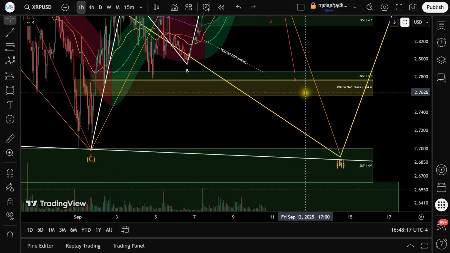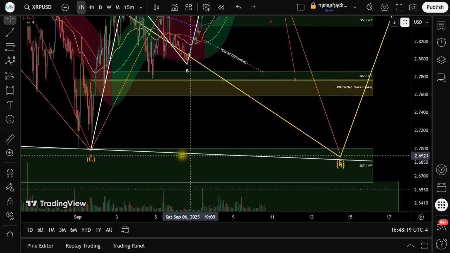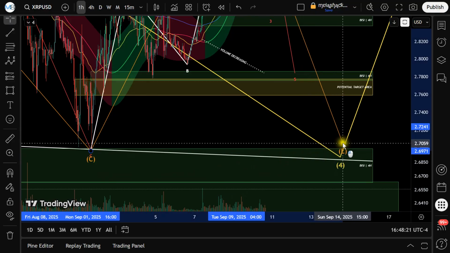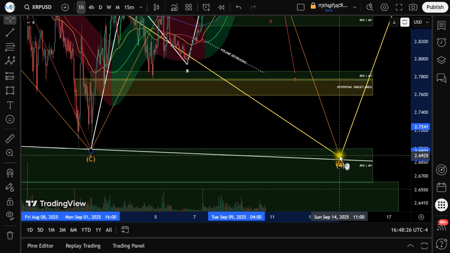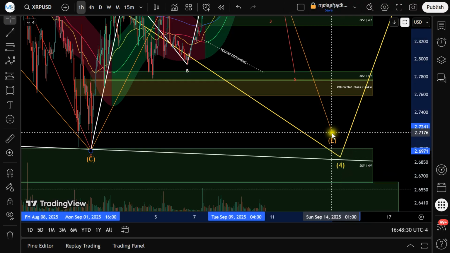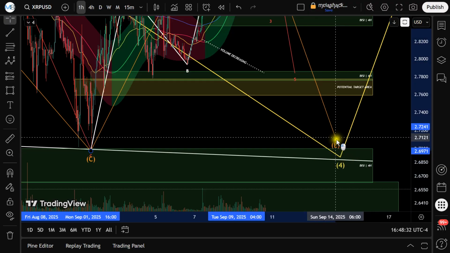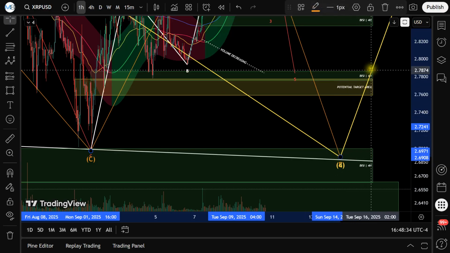It could bust right through this area, come right down here, sweep this, bounce off of this lower trend line right here, finishing out the E wave and the primary wave 4 termination point that you can see right here, before moving up into the 5th wave of the primary 5-wave impulse to the upside.